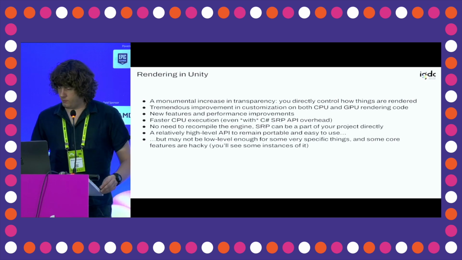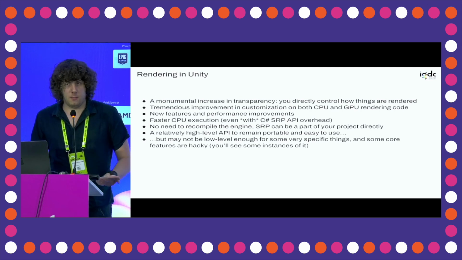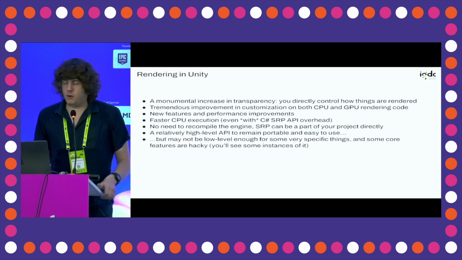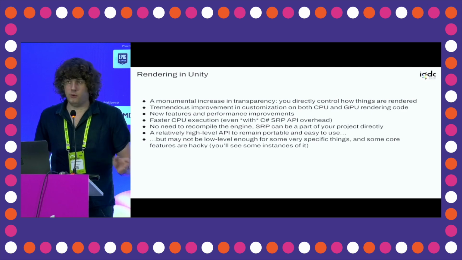Even despite it being a C# API, it's still usually much faster than the built-in C++ render pipeline, in part because Unity also introduced a lot of performance improvements to the rendering that are only available to the C# API. A lot of modern stuff goes directly there.